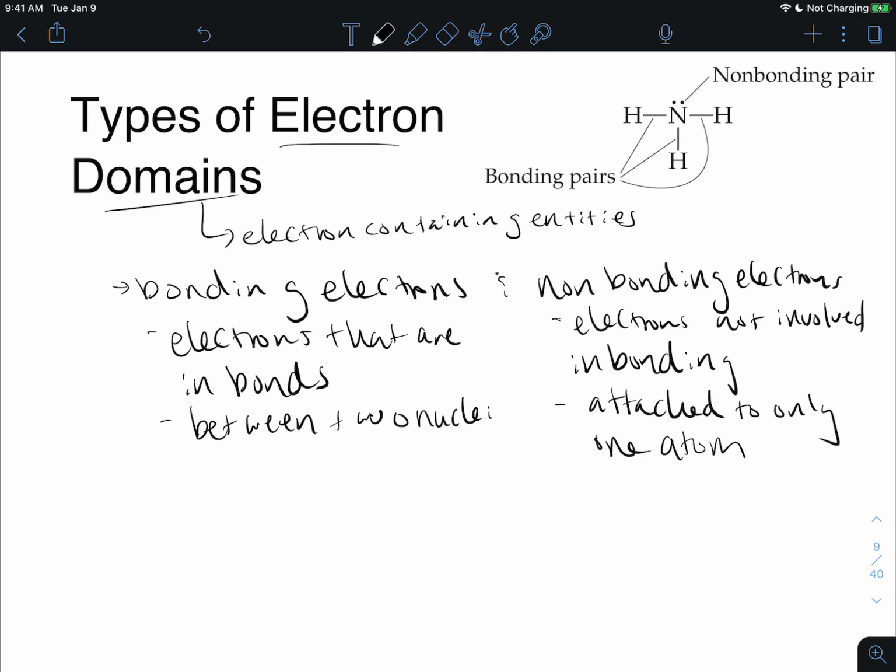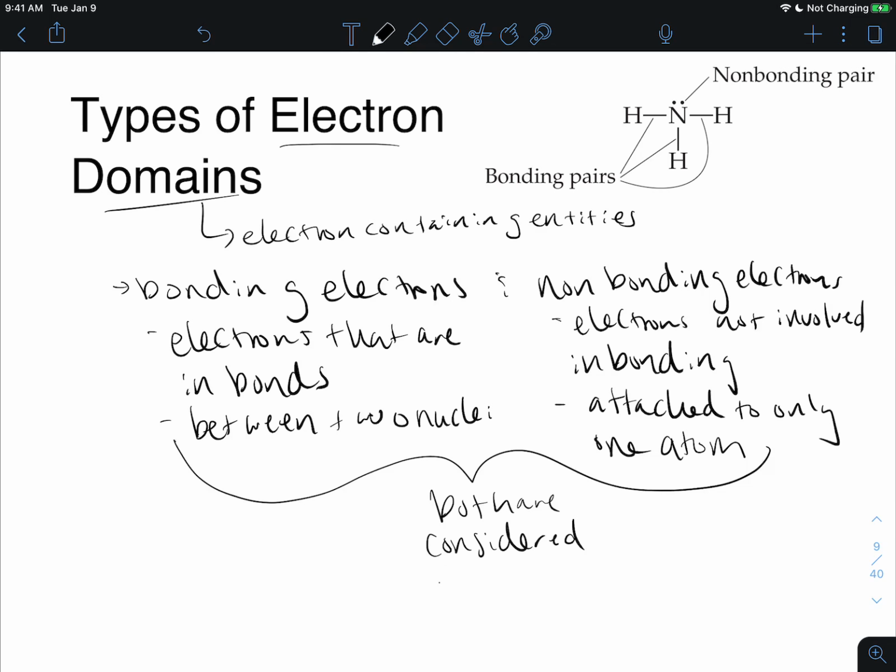Okay, but both are considered electron domains.